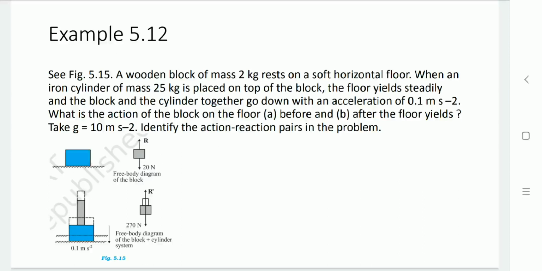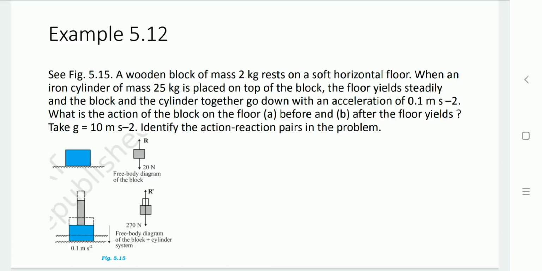So here, as we can see in the diagram, while only the wooden block is available, it has two forces. From the free body diagram, we can see that the force mg acts downward, with the mass of the object 2 kg and g 10 meter per second square, so mg equals 20 Newton.